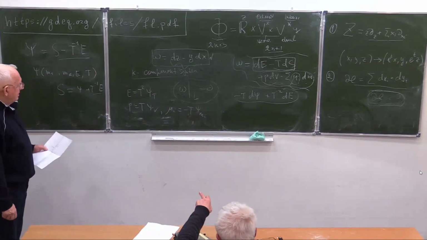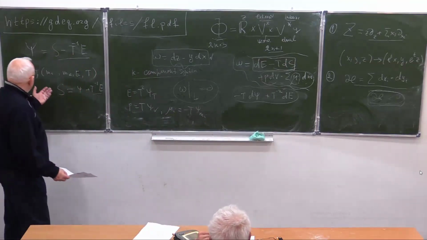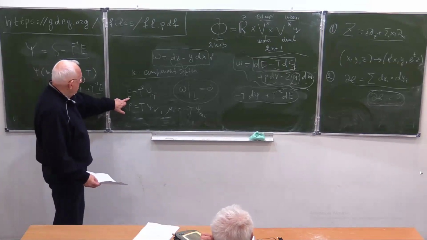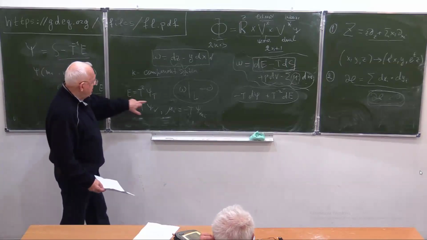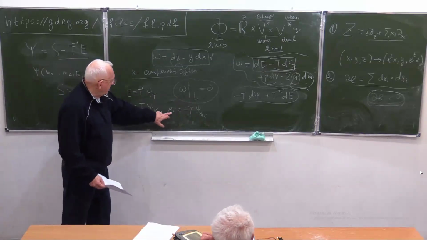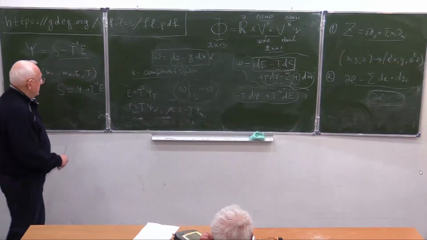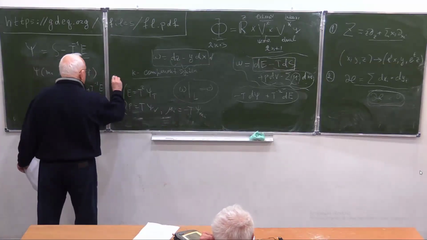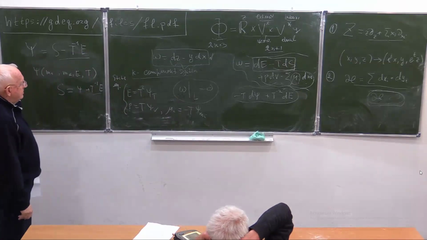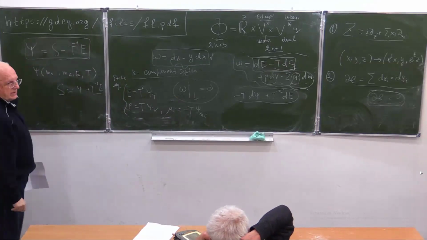Subscripts denote partial derivatives. So if we know this function psi, then we can find the value of energy on our manifold, the value of pressure on our manifold, and the values of chemical potentials on our manifold. This is what they call state equations, and to find them, we need this function psi.